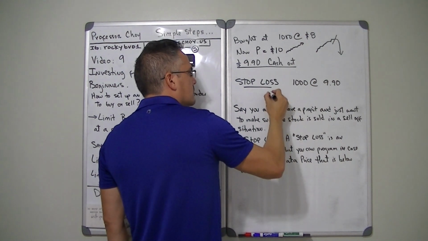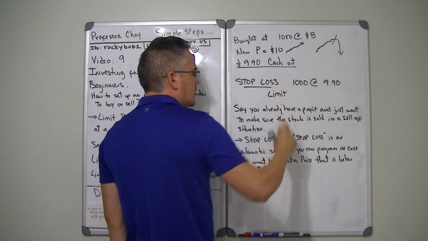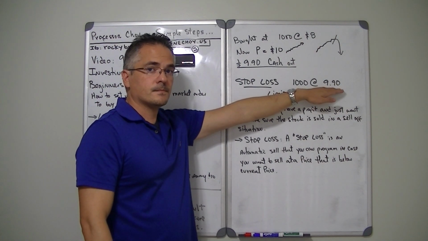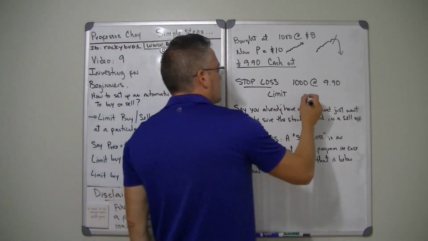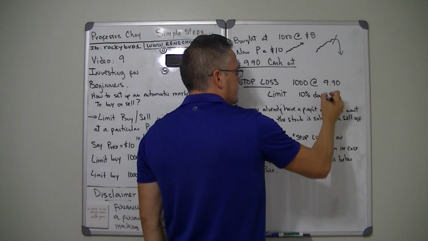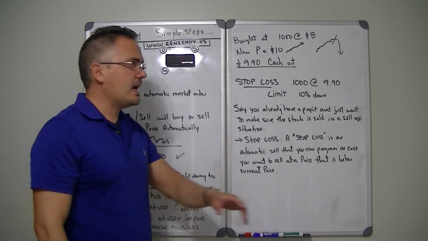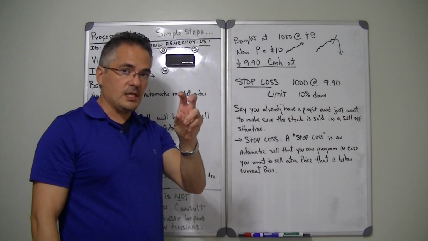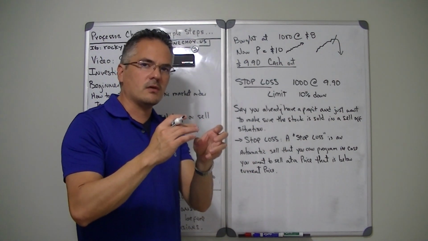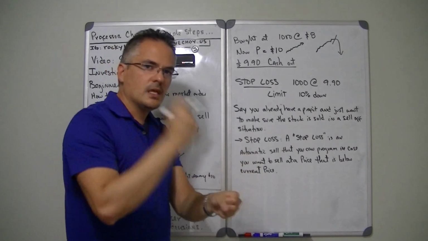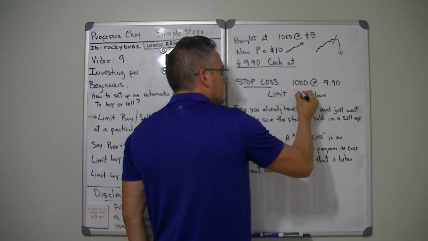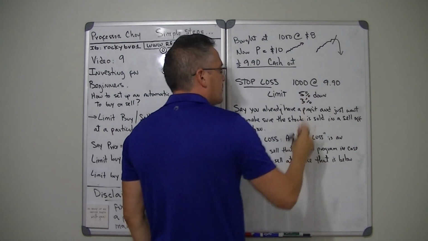Now you could do limit, which basically means it will only execute at 990, or you could say something like 10% down. If you do a percent change with a stop loss, what it will basically do is look at whatever the price is right now, and if it goes down by 10%, then the stop loss kicks in. You could also put 5% down. You could put 3% down, whatever percent down.